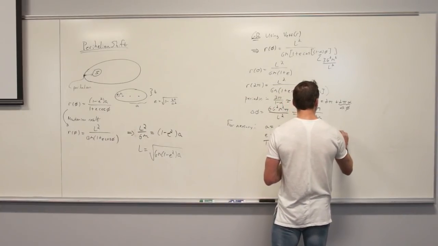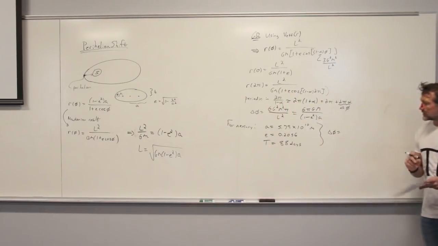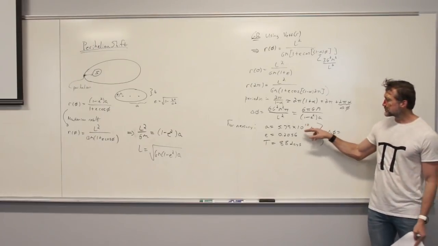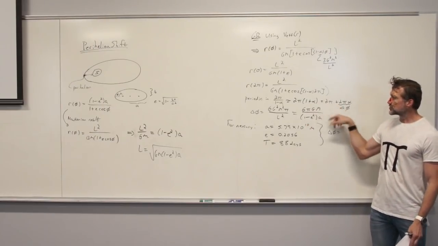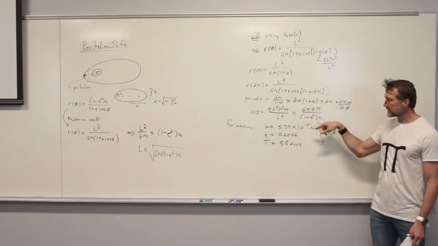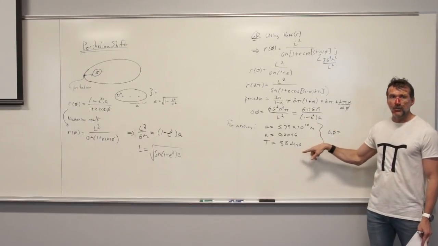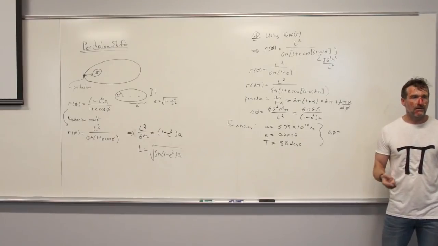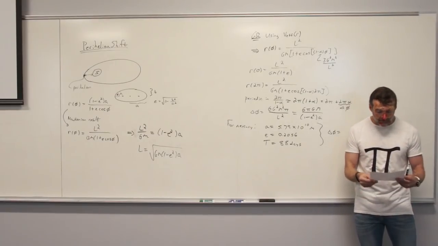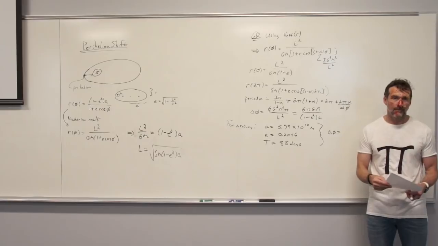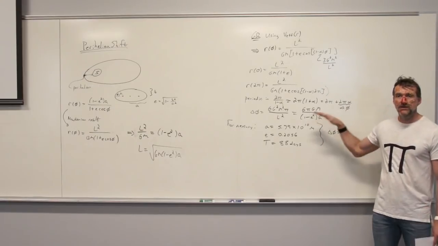And what we can do with this, we can use these parameters to figure out the shift per orbit. But then if we know the period of the orbit, we can figure out a more reasonable number, which is the perihelion shift per century. Because this is an incredibly small number.